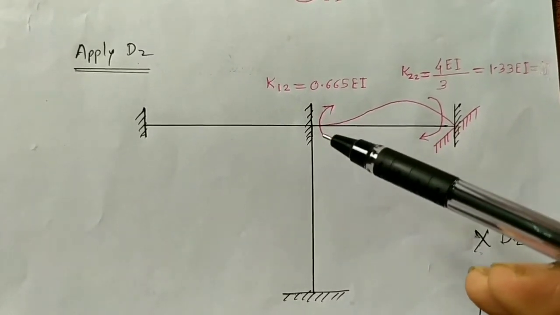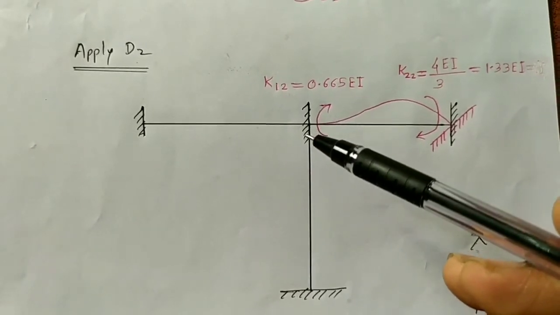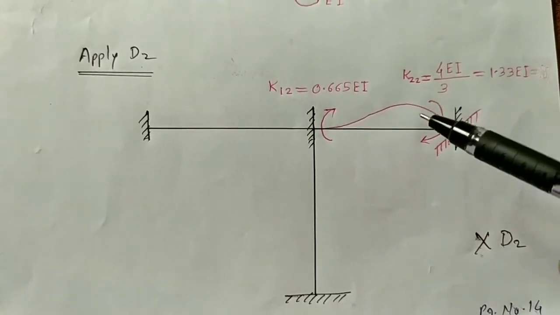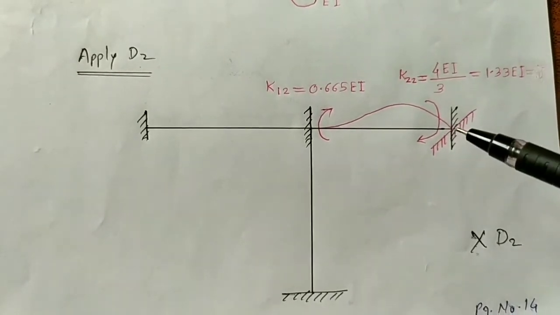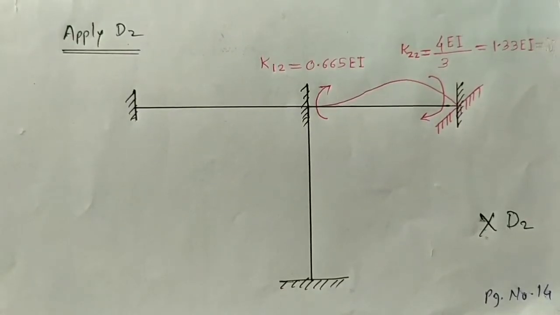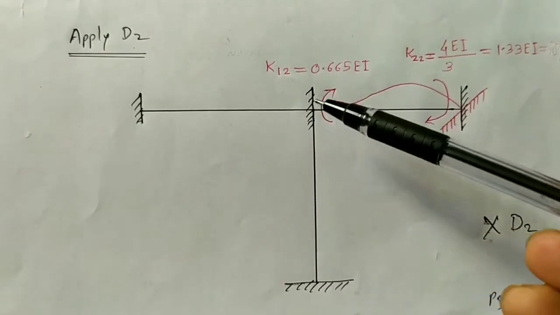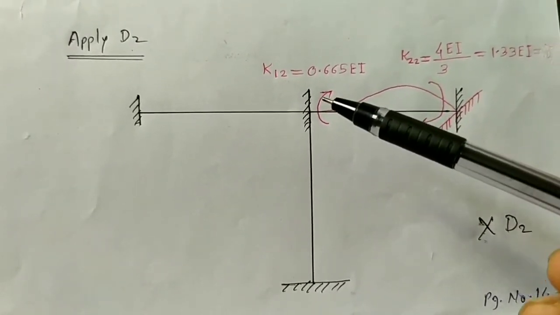Remember, I have drawn this moment on the right side of joint B because of application of D2 at joint C, only the BC portion is getting affected. So show the moment only in this region.